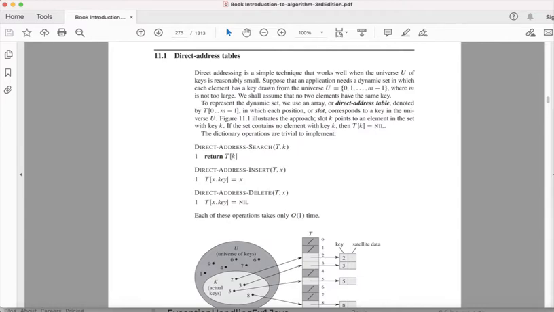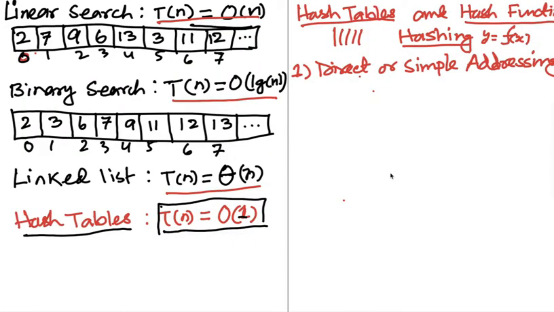What is meant by direct address hashing? If we consider a very simple hash function, let us think that we have this value. For instance, let us draw this value quickly.